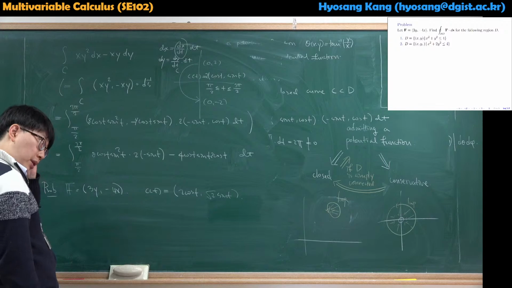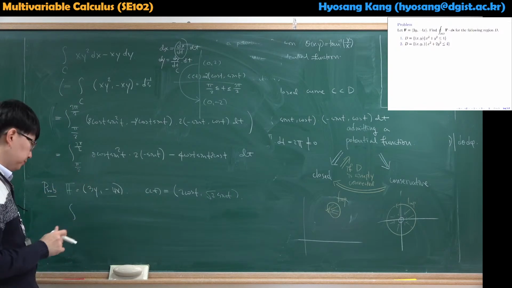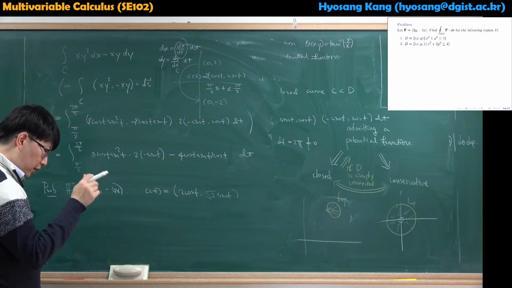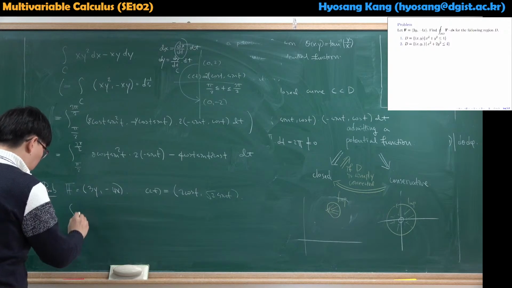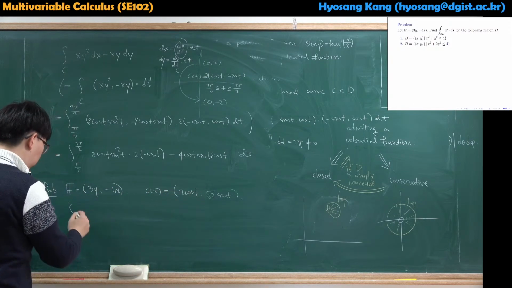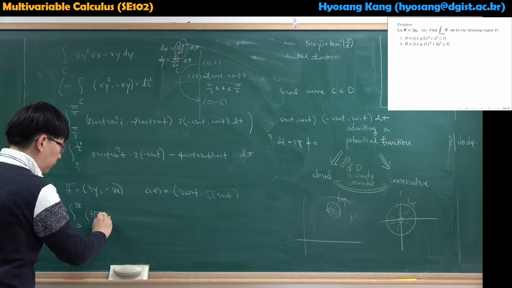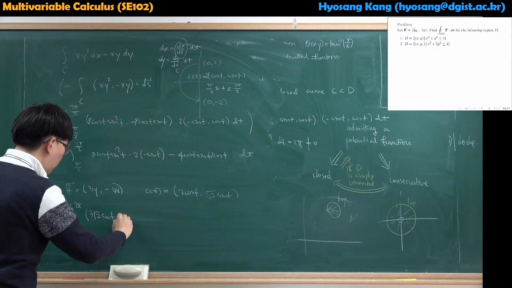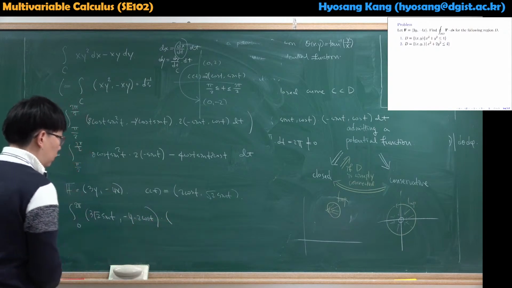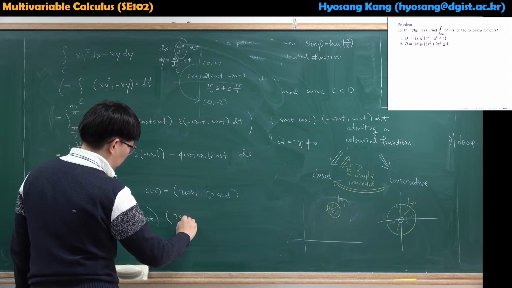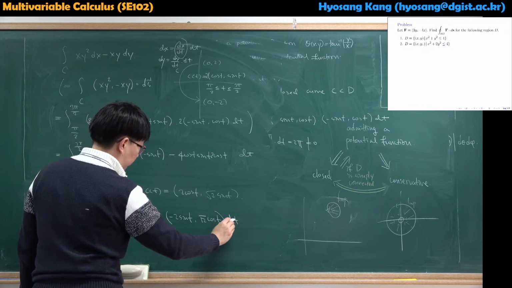Okay, so now let's try to compute the line integral. Let's assume that we loop around this elliptic curve once. So t runs from 0 to 2 pi, and then we have 3 square root of 2 sine t and minus 4 times 2 cosine t, and then inner product with minus 2 sine t and square root of 2 cosine t dt.